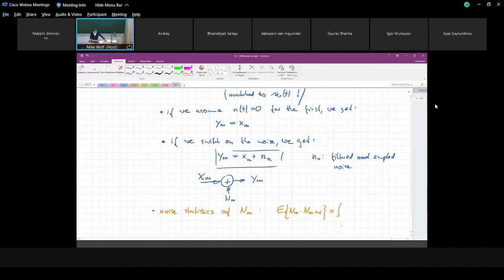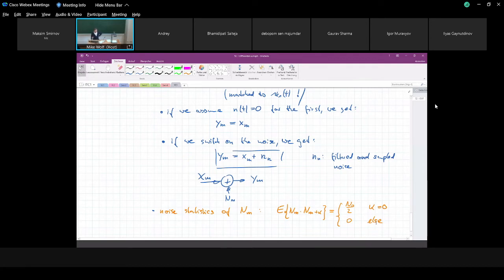You see again, there is a shift here in the time index. This is just equal to the noise power spectral density. The second moment of this noise is equal to this noise power spectral density for k equal to 0 and 0 else.